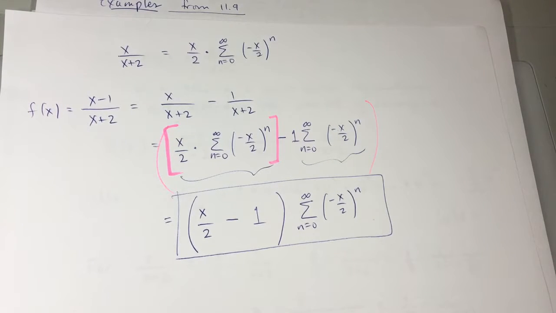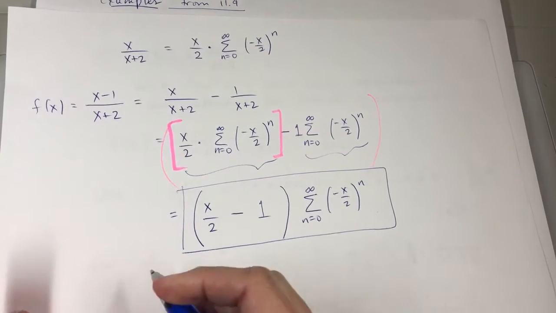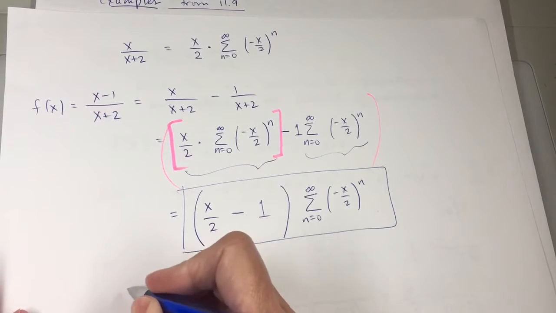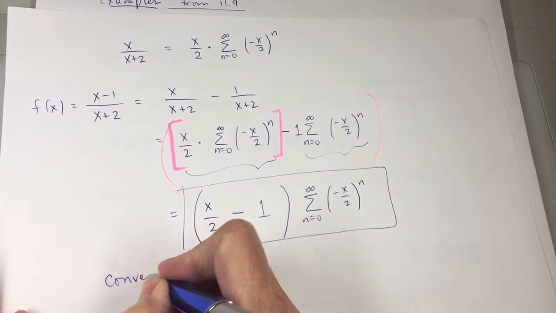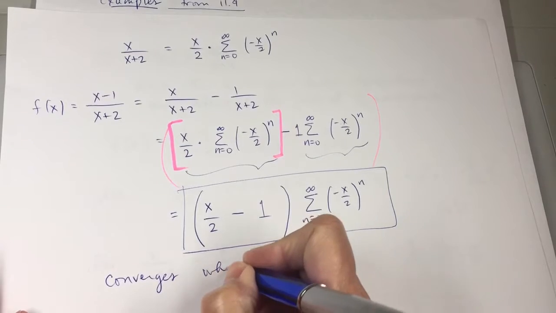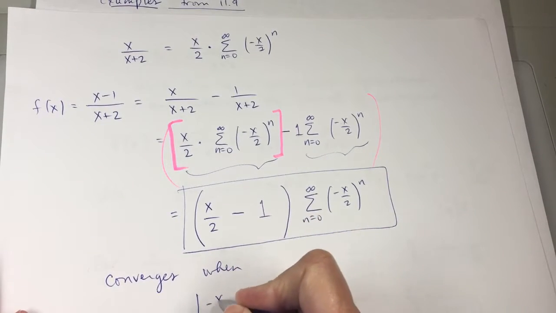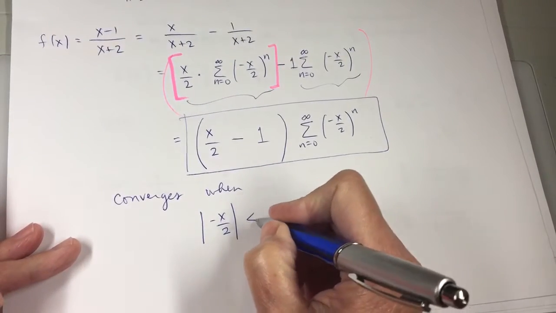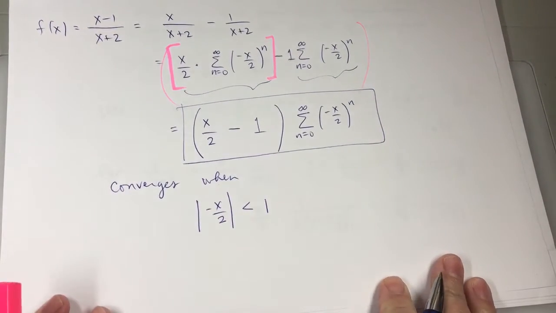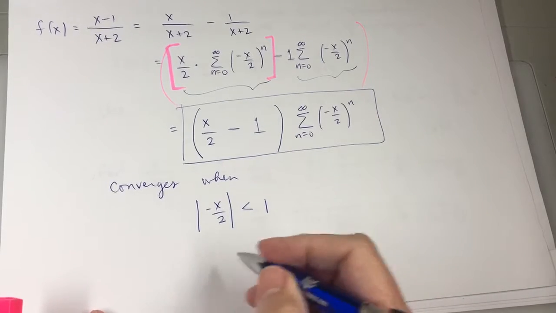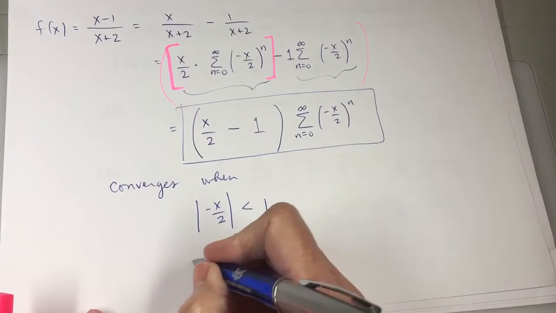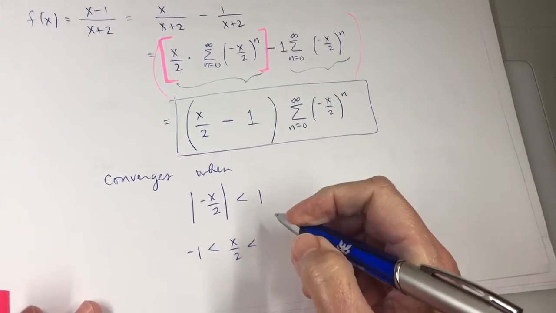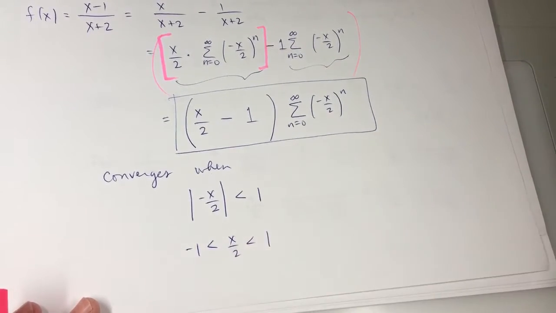Now, where does it converge? This converges when the absolute value of u is less than 1. So my u was negative x over 2. So when the absolute value of negative x over 2 is less than 1, it converges. I can sandwich this between negative 1 and 1. In fact, the absolute value of negative x over 2 is just the absolute value of x over 2.